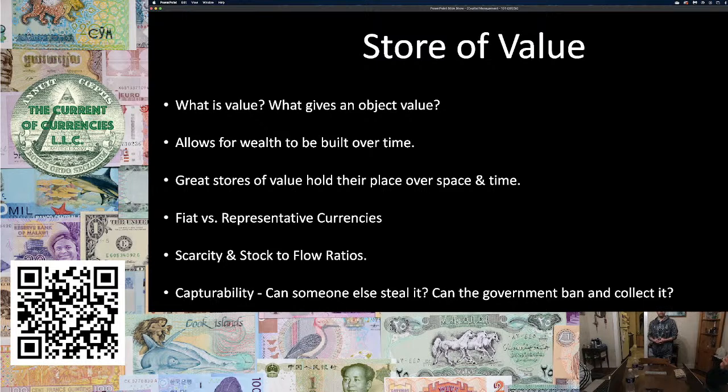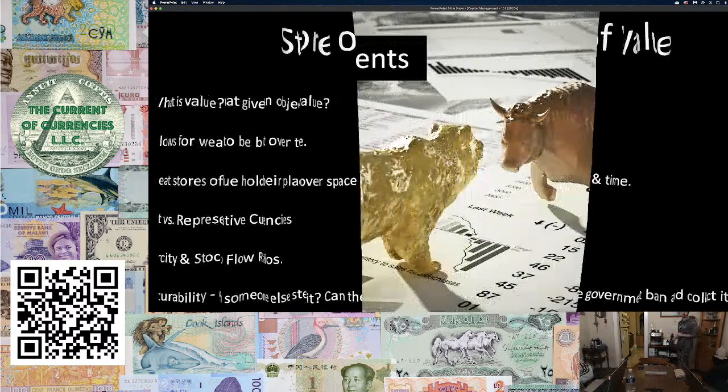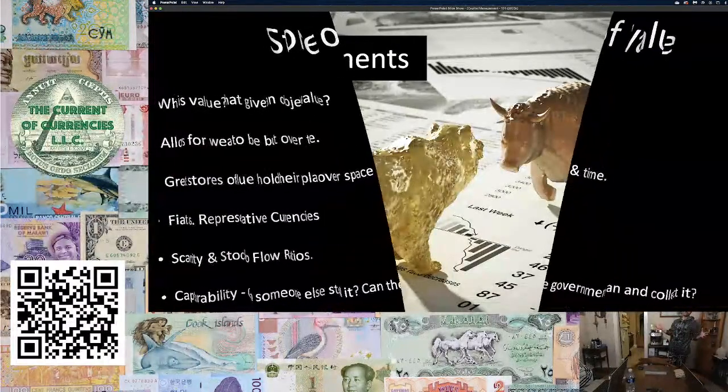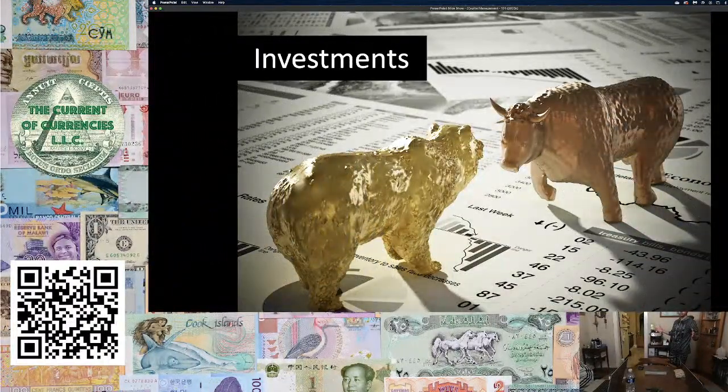So people got paid out a minimum premium for their gold, and if they got caught with their gold and didn't take the premium, it would just be confiscated. So that's something very big to take in when talking about stores of value. So our favorite, and what we're all here for in a sense, eventually, is investments.